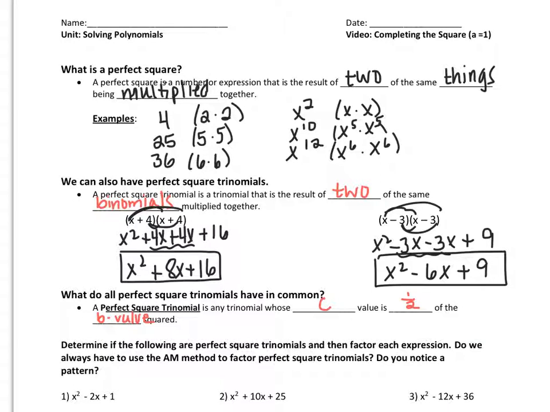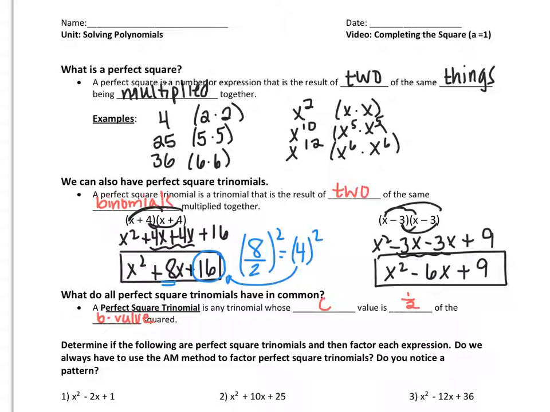I know that sounds weird, but let's just look at these two perfect square trinomials that we just made. Remember it goes A, B, C, right? So this C value of 16 is found by taking half of the B value, so half of 8, or 8 divided by 2, squared. So 4 squared is 16.